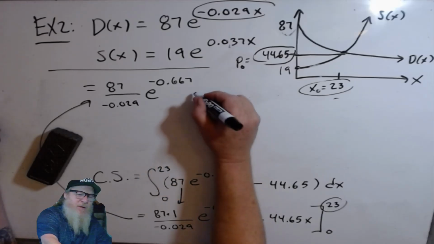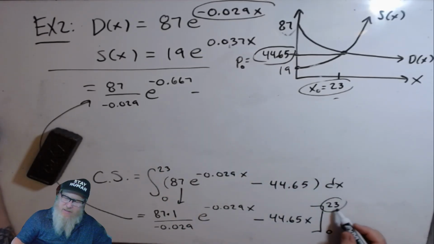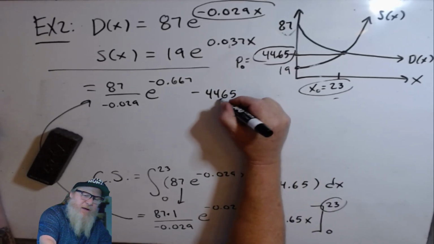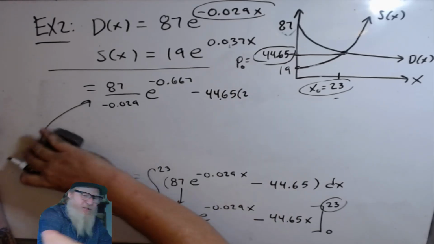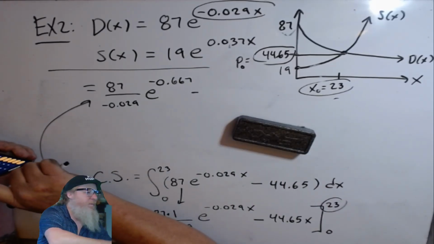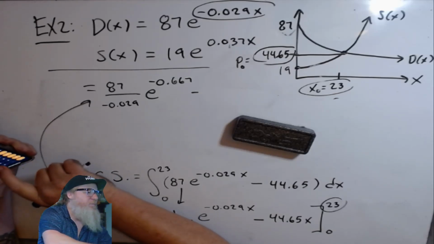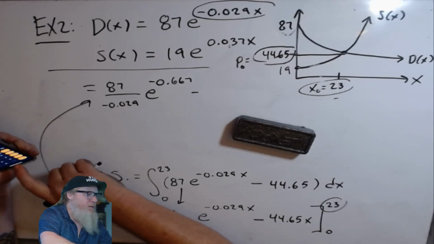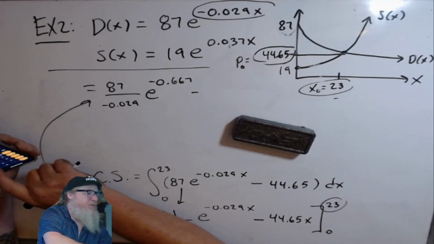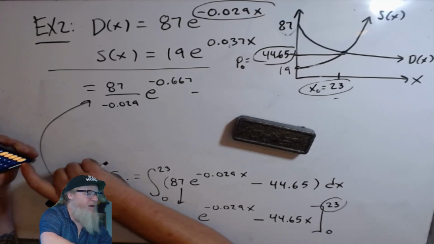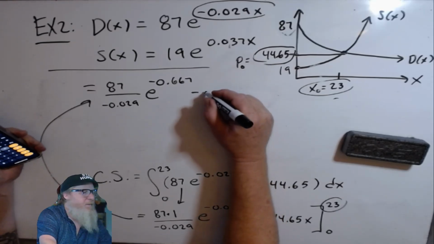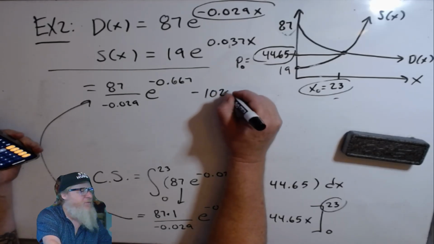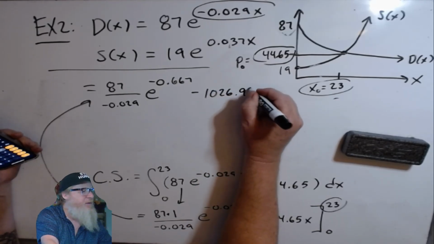All right, and then minus, again, plug in 23, 44.65 times 23. Why don't I just do that? I don't know why I'm beating around the bush about it. 23 times 44.65. Is it really that high? 1,026.95. Yeah, I guess so.